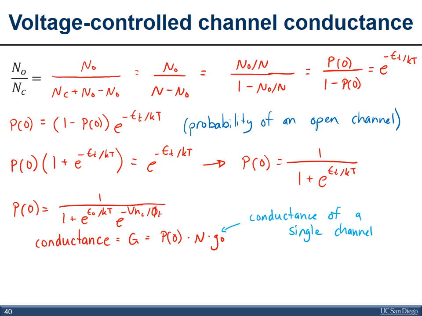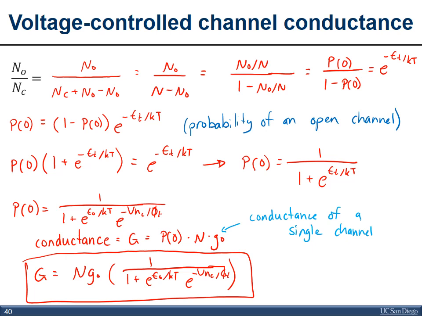Which means that the conductance satisfies the following formula: N little g sub o times 1 over 1 plus e to the E o over kT times e to the minus V N c over phi t.